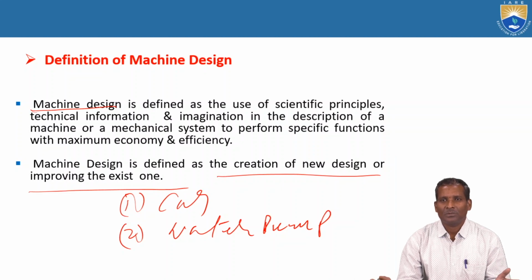So, to perform the specific function with maximum economy and efficiency, that should give good efficiency. This process is called the design process. So machine design means this design decision making process is used to design a machine. That is called machine design.